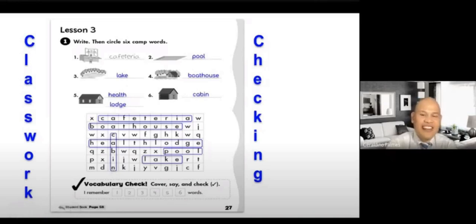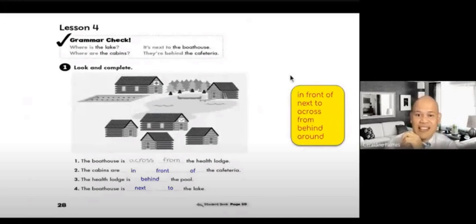So that's for lesson number 3. Remember, lesson number 3 is we have here about the vocabulary from places at the park. Lesson number 4, we talk about the grammar. Again, grammar, we use the same prepositions of place to determine the locations of places at the camp.